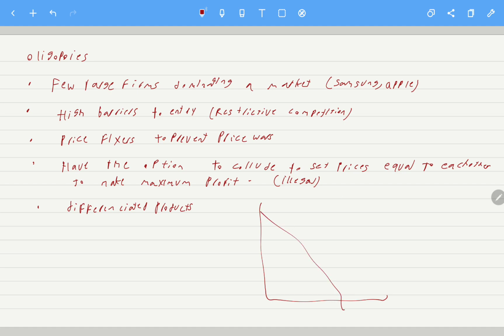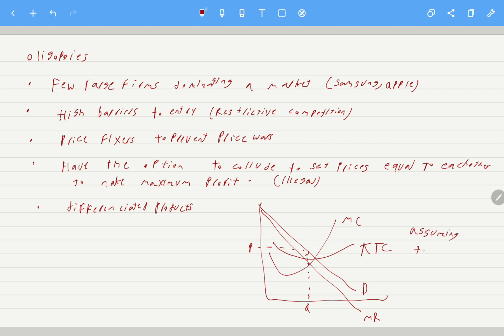We've got the MR, the demand curve, the MC curve, and the profit maximizing quantity and price. The price is supposed to be up here. I'm sorry, I drew the demand curve weird. And then we have the ATC again, the average total cost curve, assuming positive economic profit.